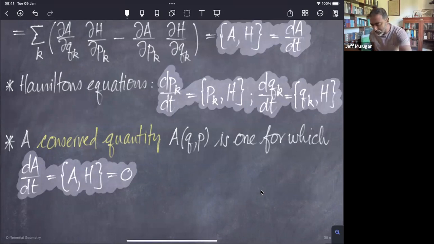So let's state Noether's theorem, and I'll prove it to you, and I'll show you what the conserved quantity looks like.